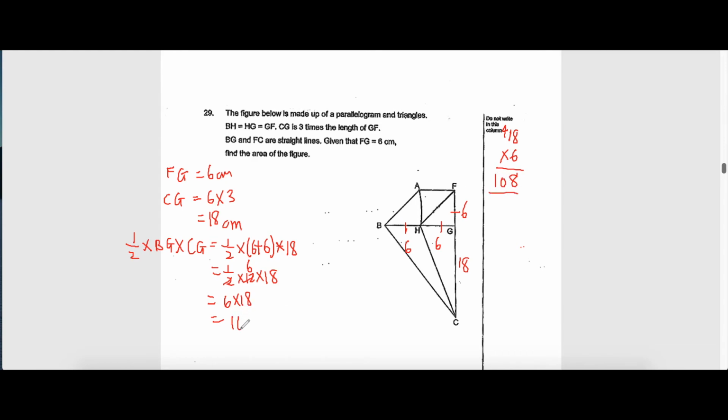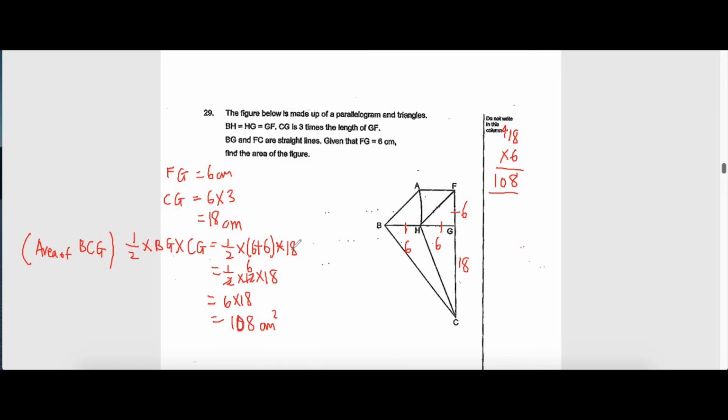So it's 108 cm square. This 0, okay? So I've already found BCG. Now I have to find AFHB. Okay? So AFHB is a parallelogram. So this is area of BCG.